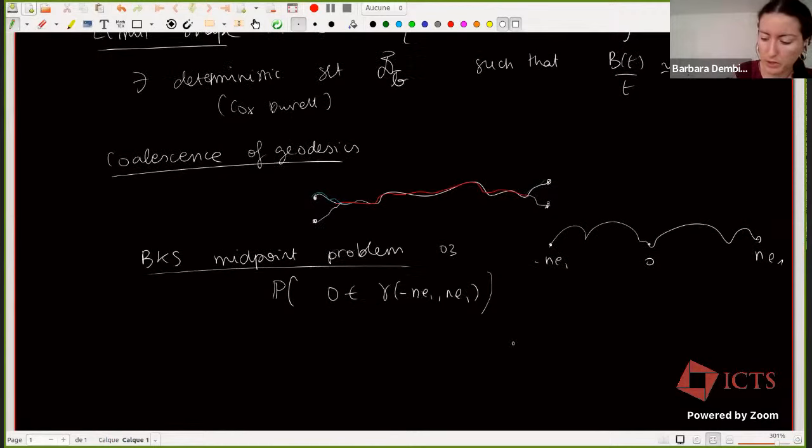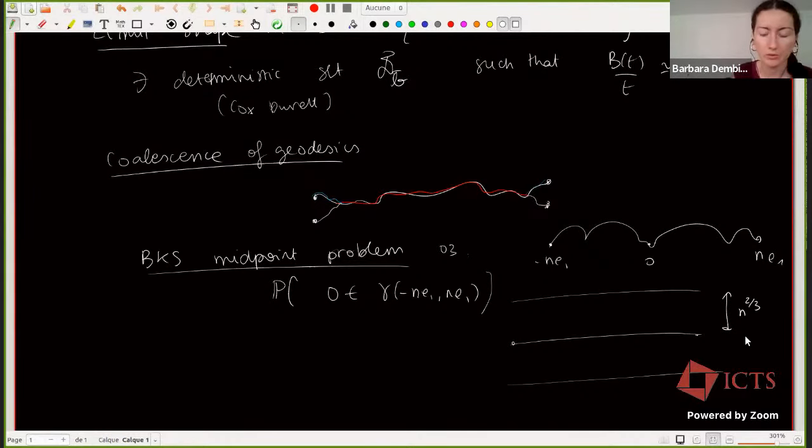So for instance, if you look at the straight line, we expect, in dimension 2, that the vertical fluctuation, that is the amount of space it deviates from the vertical line, is of the order n to the 2/3. So we expect that the maximal height the geodesic can reach is of order n to the 2/3.